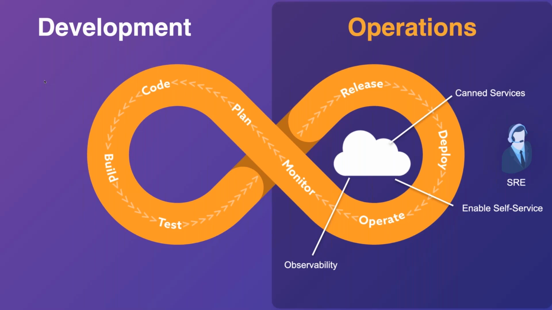In doing so, that allows us to enable more self-service. And of course, we can't enable self-service without having observability. You've got to know what people are doing. And when I talk about observability, I'm not just talking about a performance perspective, but seeing everything that people are doing within your cloud environment, reporting and understanding what they're doing, and having audit trails. That kind of observability is super important.